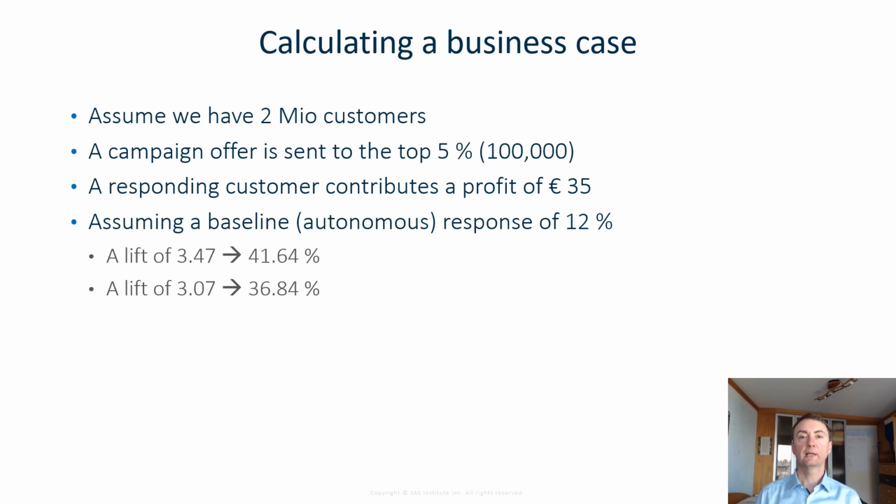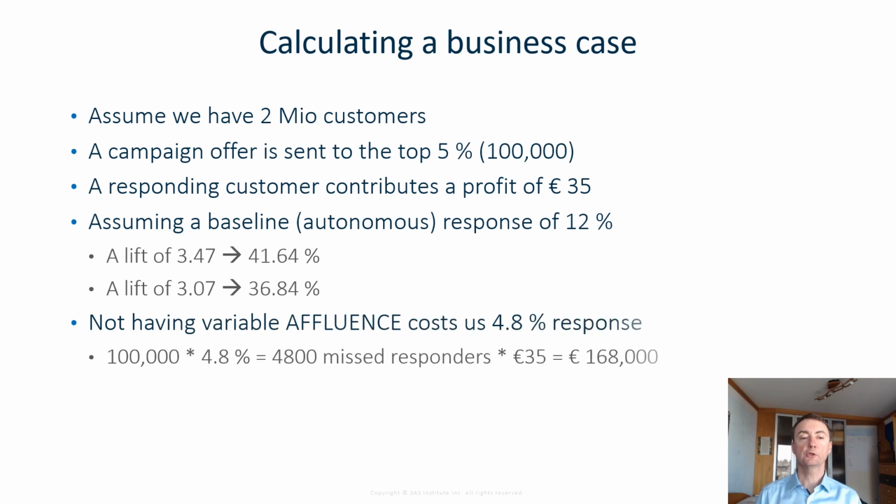If we now calculate what this means in terms of euros, we do the following simple calculation. Not having the affluence variable costs us 4.8% of response in our target group, meaning 100,000 customers times 4.8% means that we miss 4,800 responders.